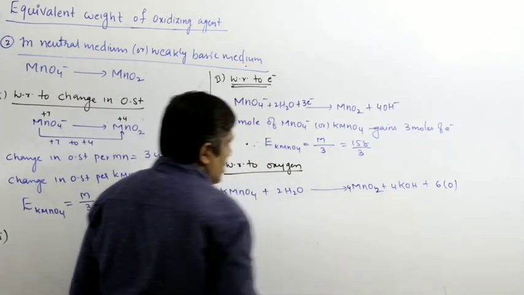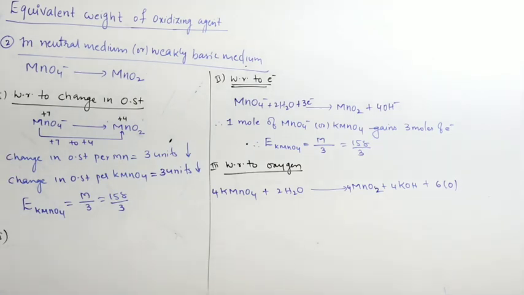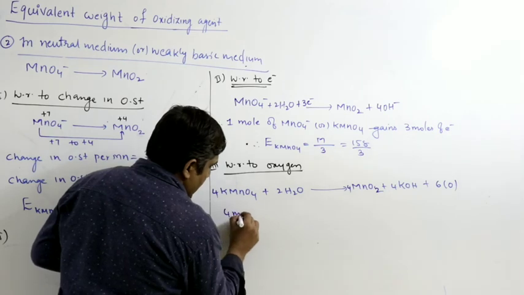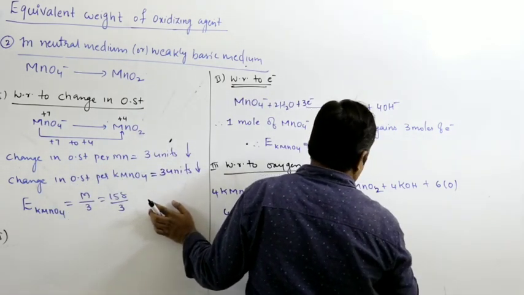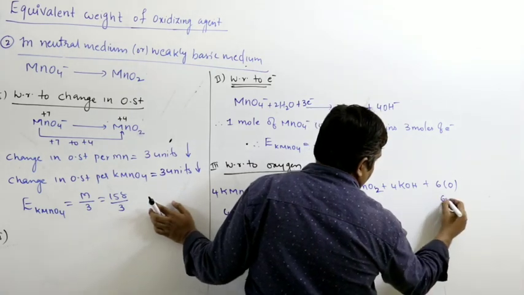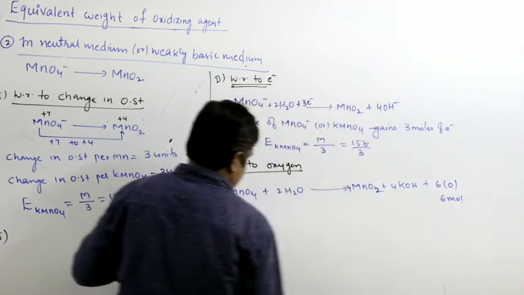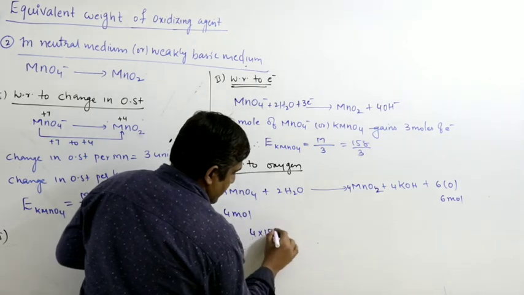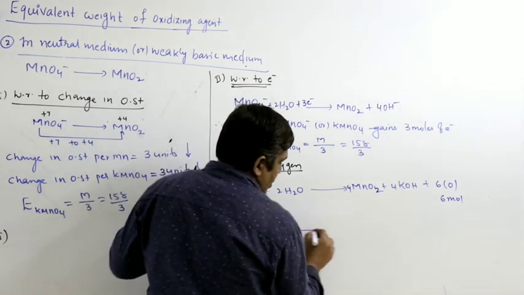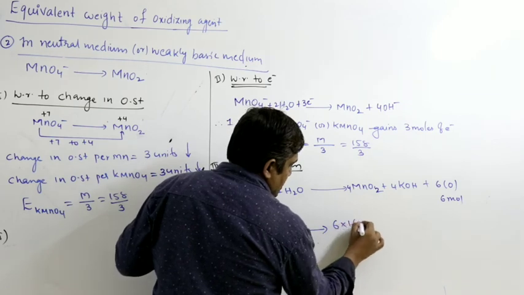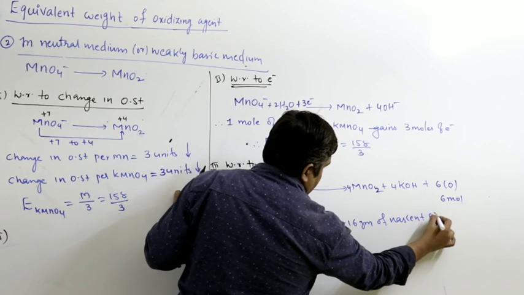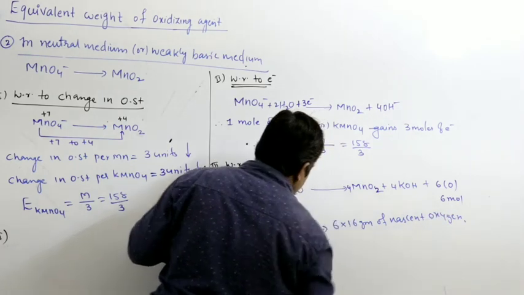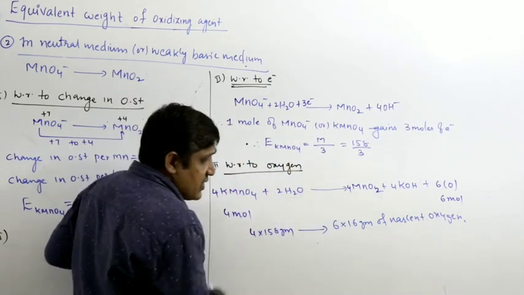Now it is balanced. So from this we can clearly see that 4 moles of KMnO4, on reaction in basic medium KOH, will give 6 moles of nascent oxygen. That means 4 into 158 grams of KMnO4 produces 6 into 16 grams of nascent oxygen. This is what we can get. But what is the equivalent weight?